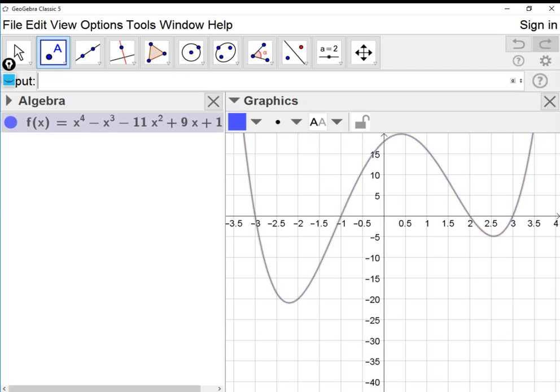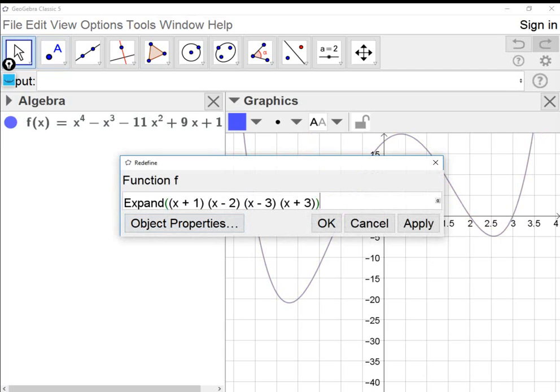All right, and now let's go back through and put, let's do it this way. This will make more sense.